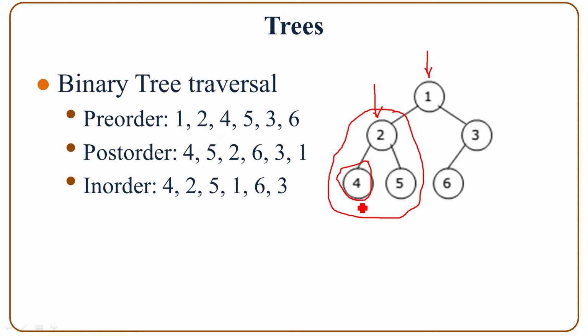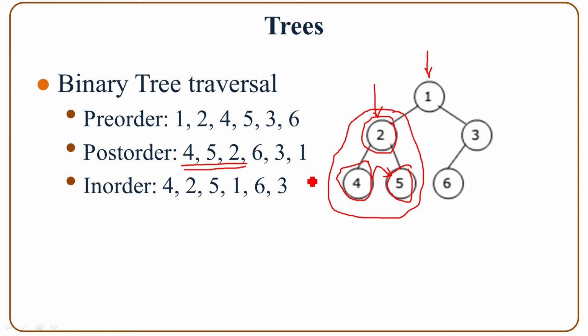Once we are done with node 4, we move on to the right subtree of node 2. We move on to node 5. And once you're done with 5, we visit the root of that subtree, which is node 2. So you can see here, the order of visiting or traversing is 4, 5, then 2.